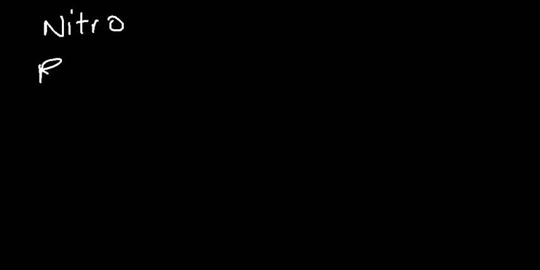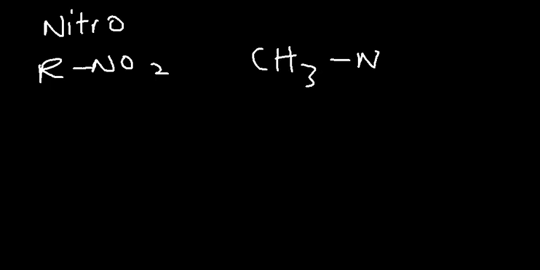But now let's move on to nitro groups. So let's say we have CH3 and NO2, which looks like this. Now, there's really two important signals that will identify the nitro group.